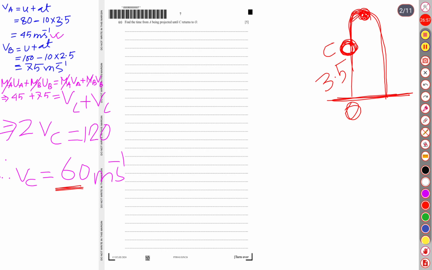We know that when a projected particle reaches its highest point, the velocity is zero. It comes to instantaneous rest.